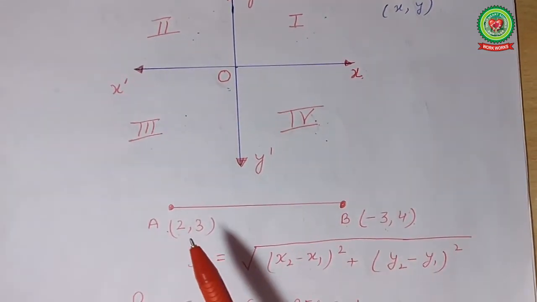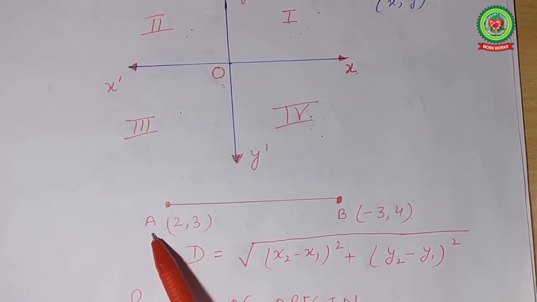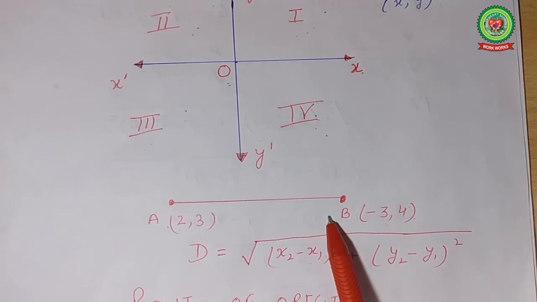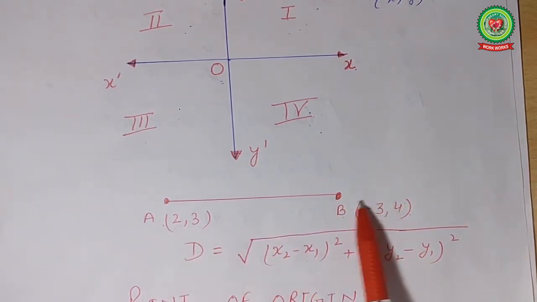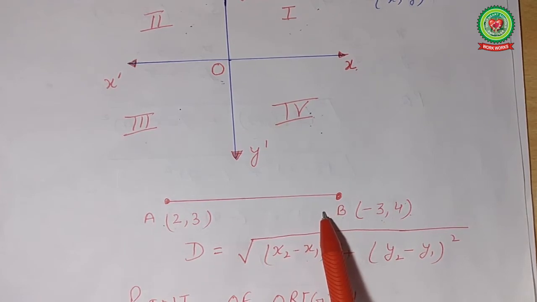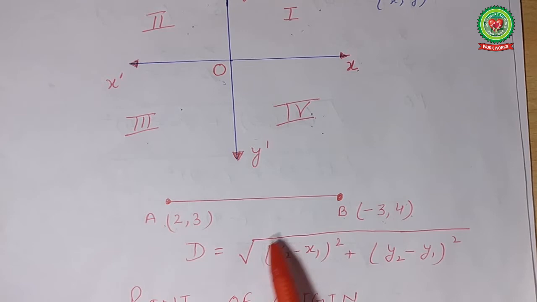If we want to find the distance between 2 given points, first point A and second point B, which formula do we apply? We apply the distance formula.